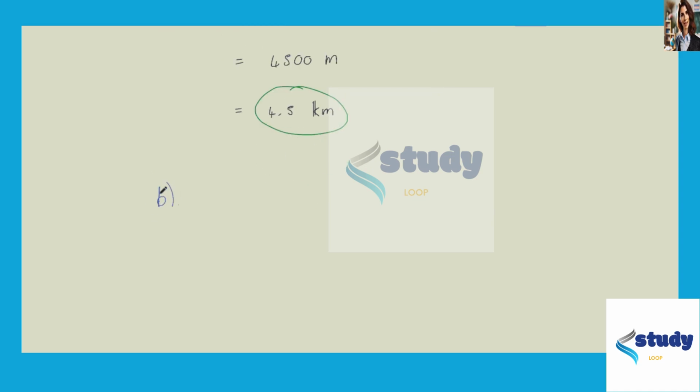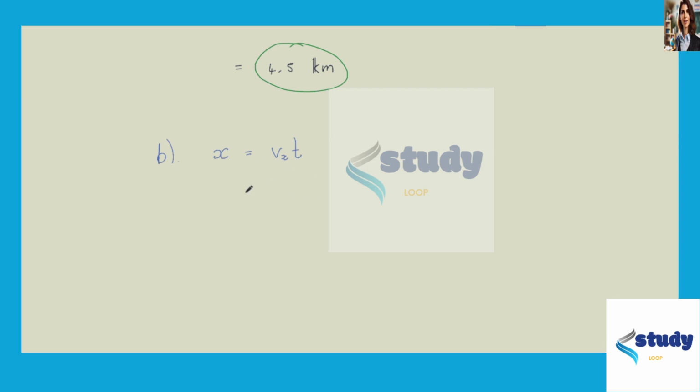Now, in part B, we want to show the horizontal distance that the airplane will travel in that time. Now, the horizontal distance, x, is given by the speed in the x direction, which is v x, multiplied by the time t, since the horizontal motion is constant if we ignore the air resistance. So the plane is constantly traveling at 1,000 kilometers per hour in the horizontal direction.